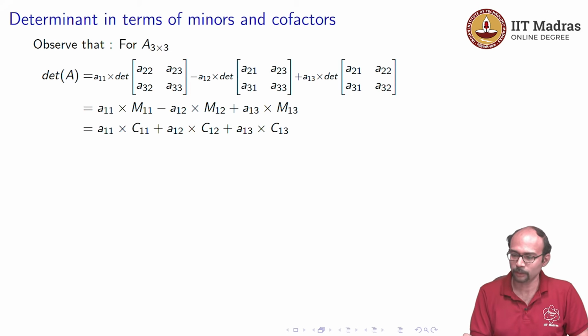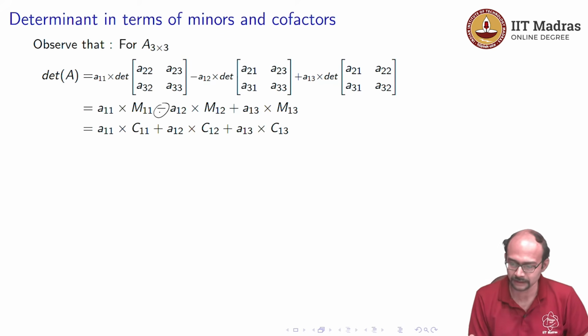And then if I want to take care of this sign, right, there is a minus sign here and I want to write everything as a plus. Then I can rewrite this as A11 times the 1 1th cofactor plus A12 times the 1 2th cofactor plus A13 times the 1 3th cofactor. Okay. So, that is why we introduce cofactors. If we do not want to remember the signs, then we will take care of those signs using the cofactors.